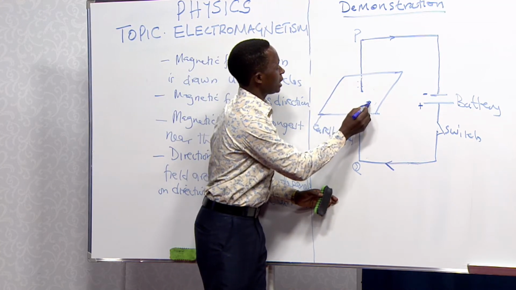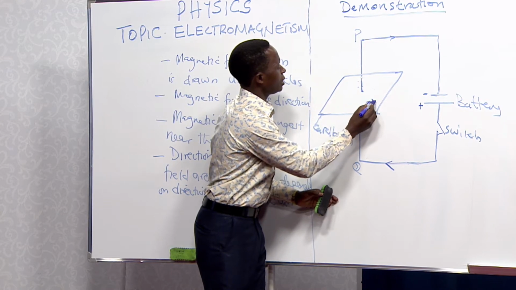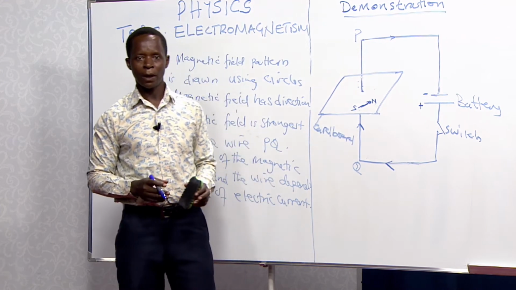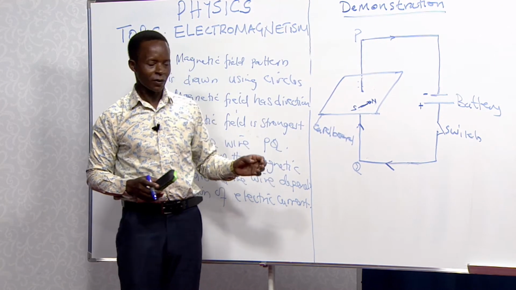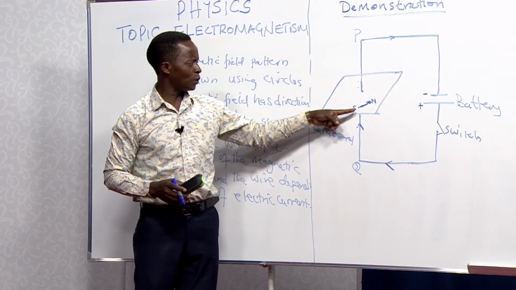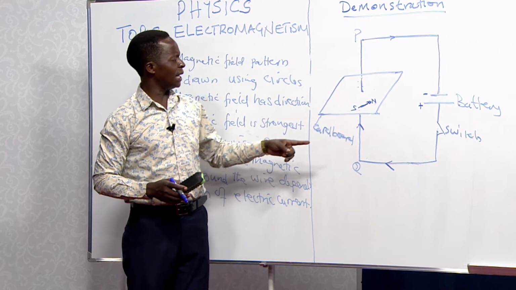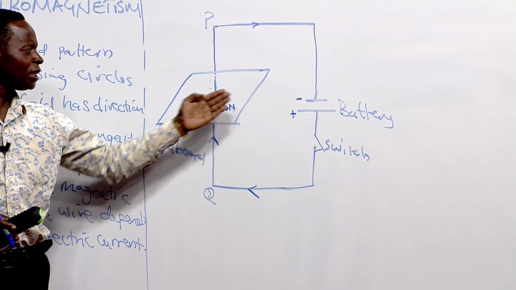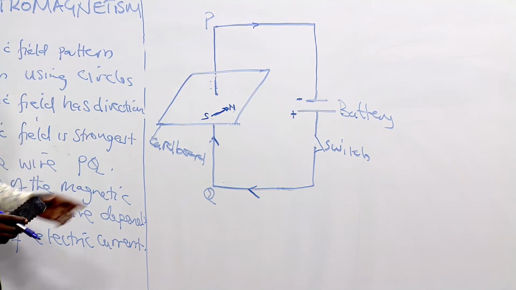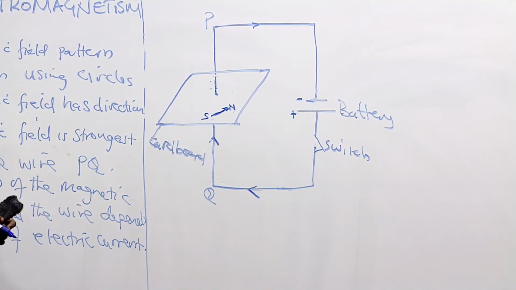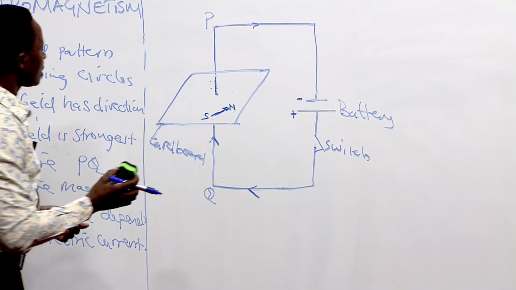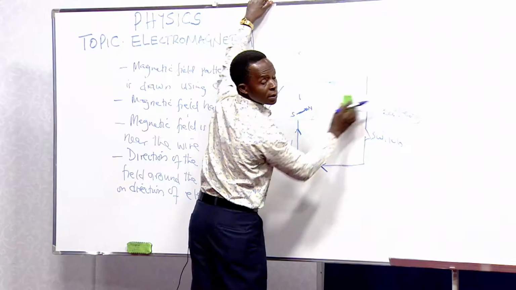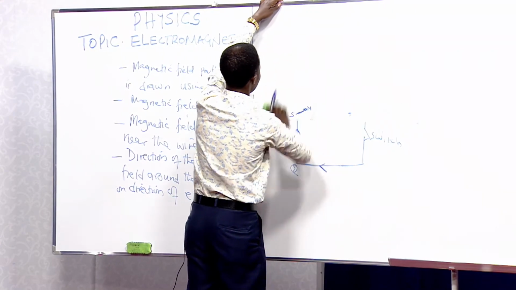When I use this compass needle here, this shows north, and then this one shows the south of the compass needle. So in this case, since the north end of the compass needle is pointing to the right, then that will be the direction of the field.